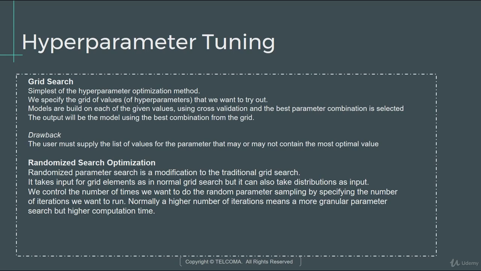So C is a hyperparameter that helps define the inverse complexity of regularization. A higher value will result in an overfitting model, and a lower value will result in an underfitted model. So you need to choose a value which is the optimal one.